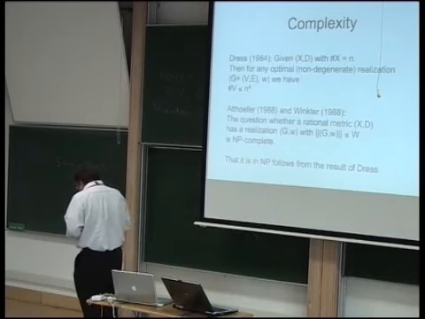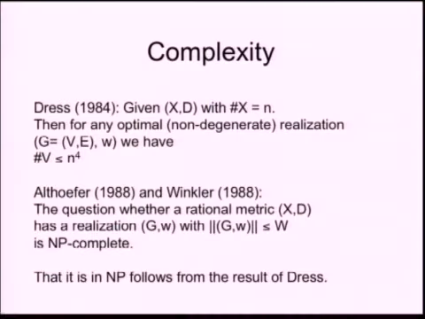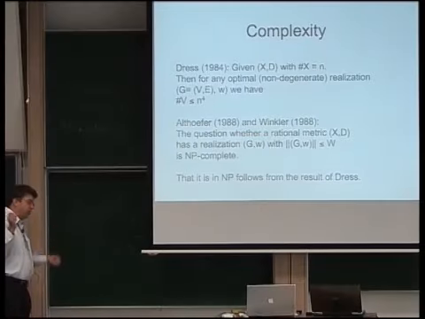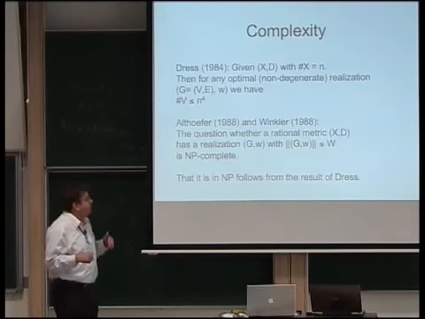But there are some problems, and the first problem is that it is NP-hard to find the optimal realization. How can you show that? Andreas Dress showed in 1984 that if you have a metric with n elements, then any optimal realization, I have to say non-degenerate, because we don't want vertices of degree 2, otherwise we could put in as many as we want, infinitely many if you like.